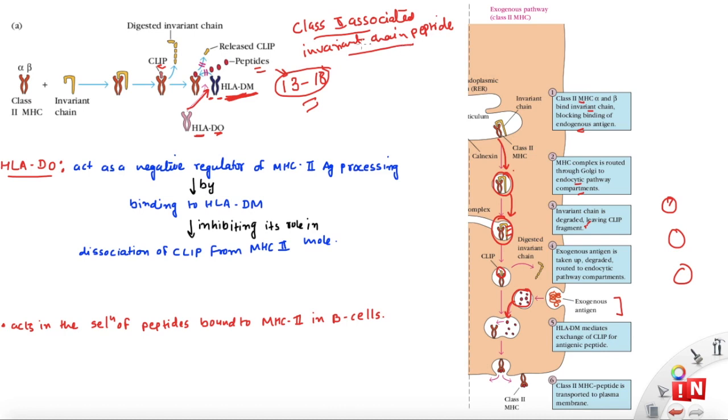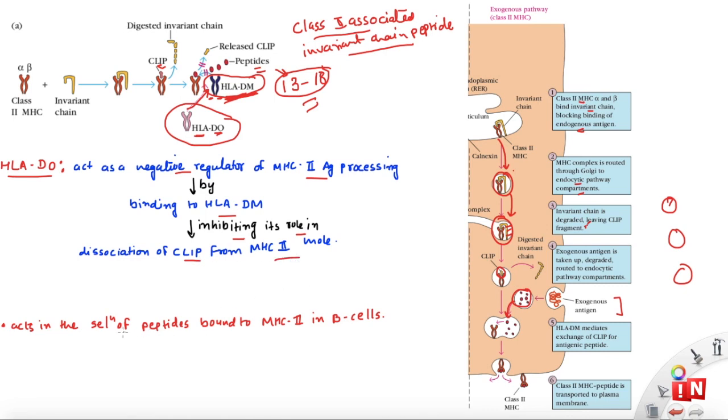That replacement is catalyzed with the help of HLA-DM. And you can remember one more point, that HLA-DM is negatively regulated by HLA-DO. So HLA-DO acts as a negative regulator of MHC class 2 antigen processing, and it binds to HLA-DM, and thus inhibits its role in dissociation of CLIP from MHC class 2 molecules.